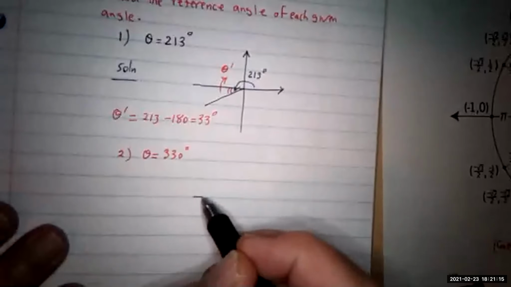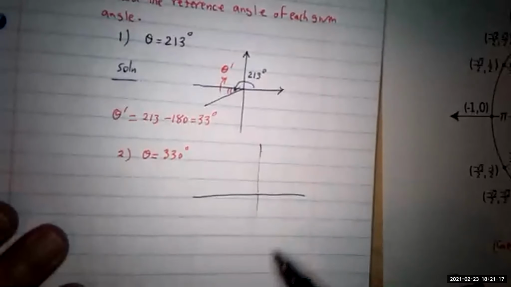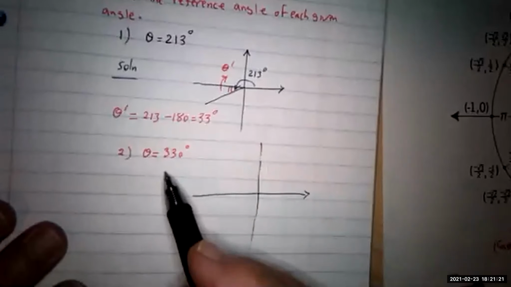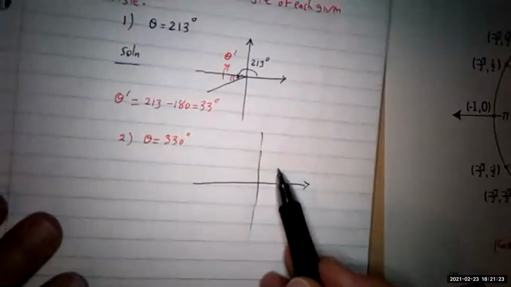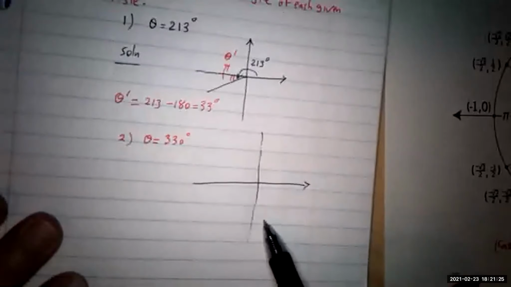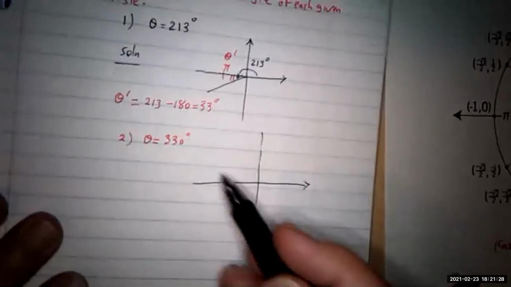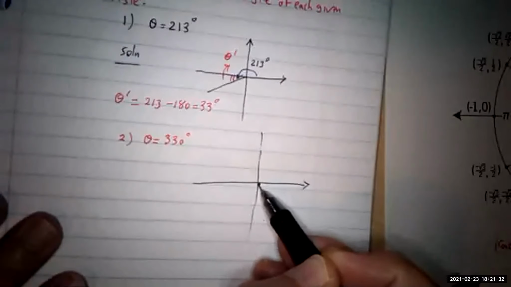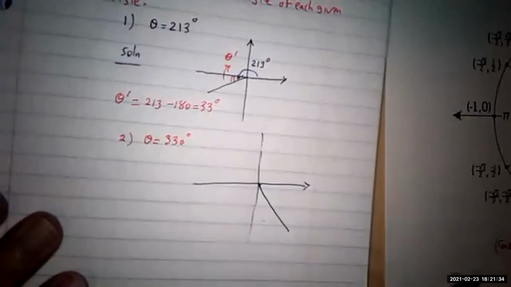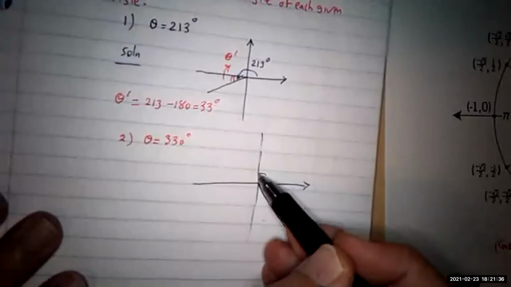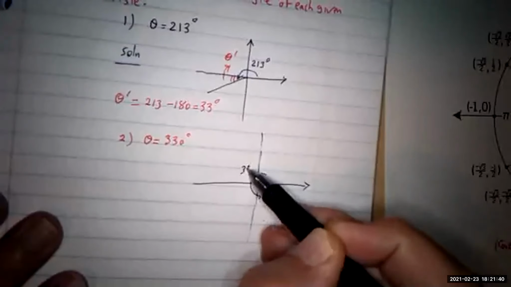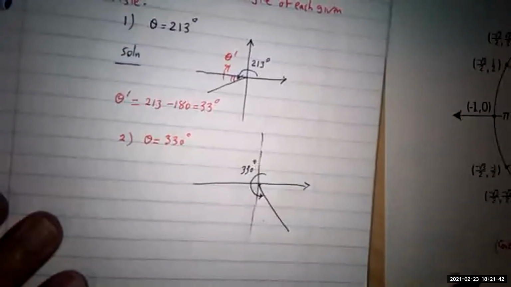If you want to get the 330 degrees, this is going to be the one that we're going to have. 330, you know that 90, 180, 270, you are going to be here. So this is 270, another 30, another 30. So this is how much you travel to get to the 330 degrees.